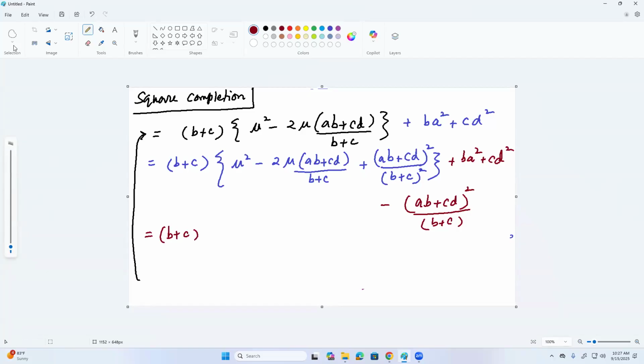So the first term is b plus c, and it is mu minus (ab plus cd) over (b plus c), squared.